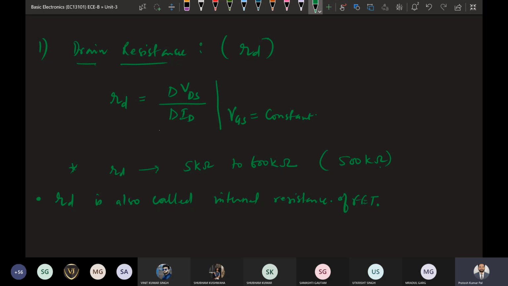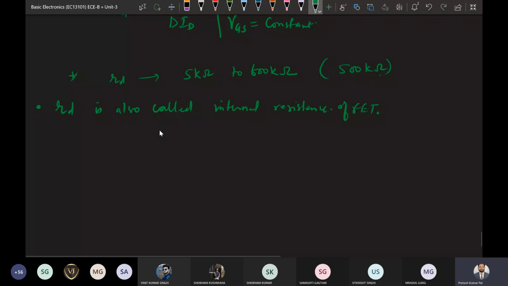This RD can be obtained either from the transfer characteristics or the output or drain characteristics.